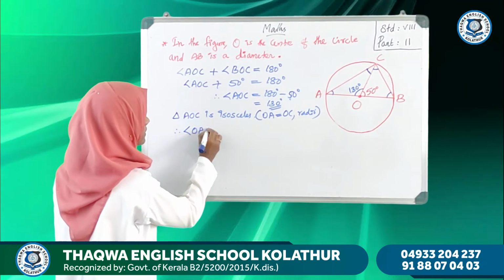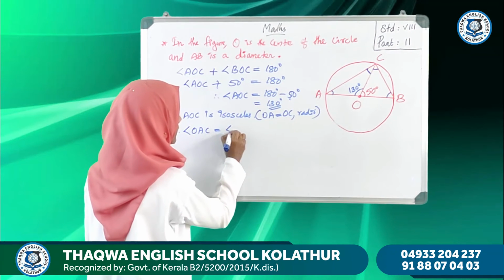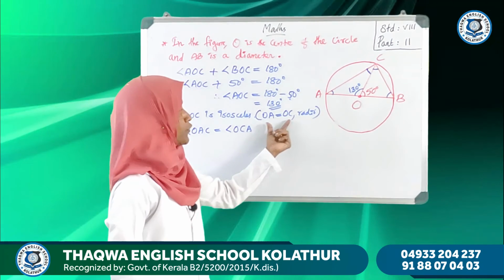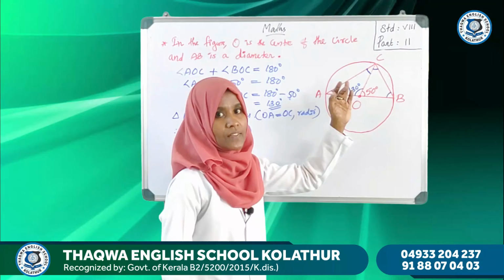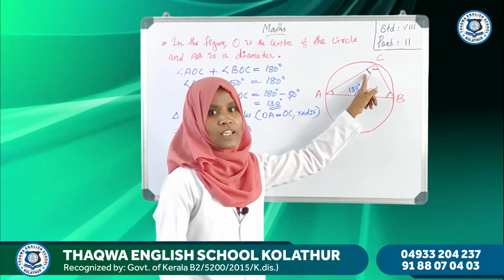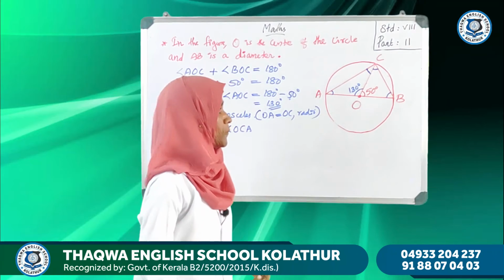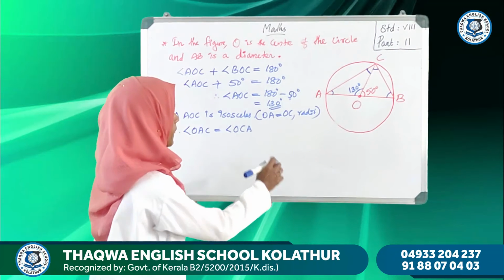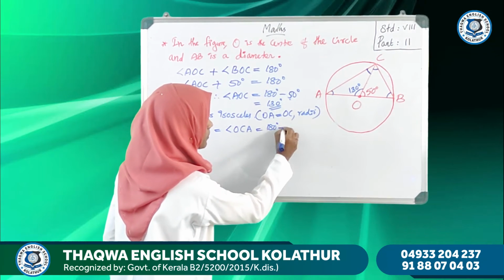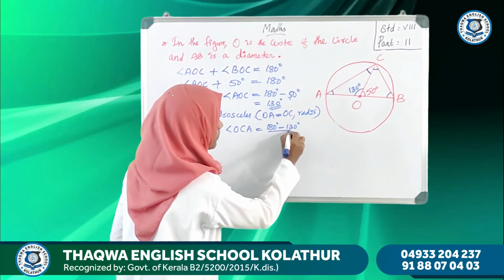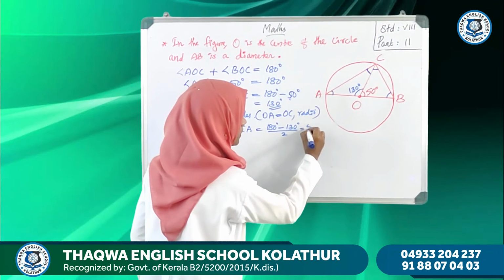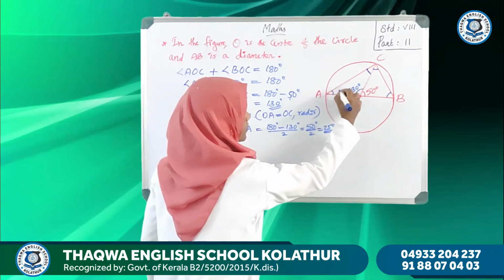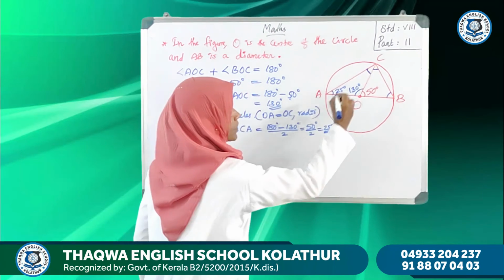Angle OAC equals angle OCA. What is the reason? If two sides of a triangle are equal, then the angles opposite to the equal sides are also equal. So angle OAC equals angle OCA. This is 180 minus 130 by 2, that is 50 by 2. This is 25. So 25, here also 25.